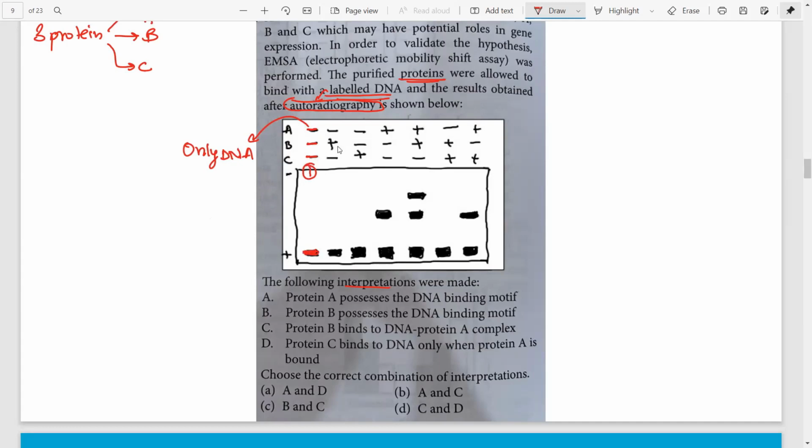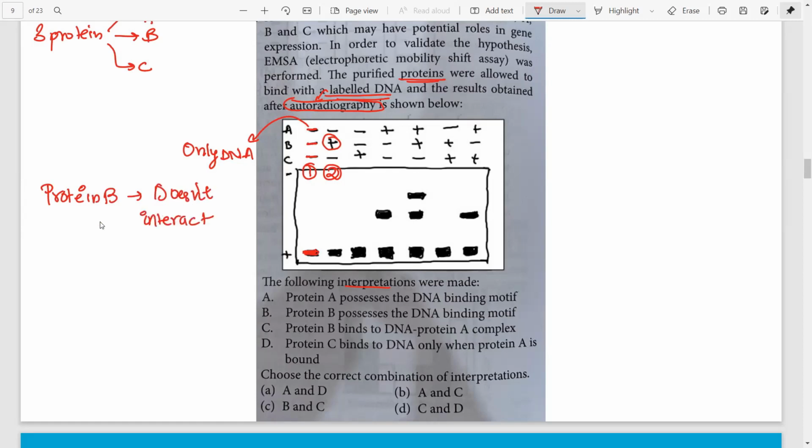Now, what they are doing in lane 2 is they are adding the DNA and protein B. What do they observe? See, the results are very similar to the first lane. What does this mean? This means that protein B is not binding to DNA. That's why you cannot see it over here. So I can just say that protein B does not interact with the DNA.